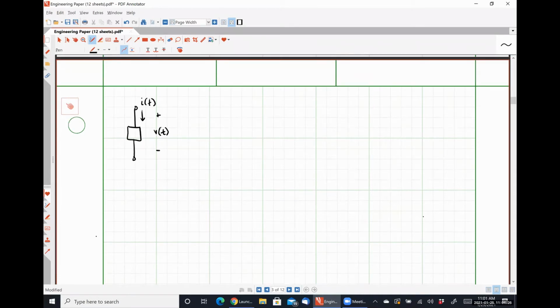And let's say that V of t is a function Vm1 cosine omega 1t plus theta V1, plus Vm2 cosine omega 2t plus theta V2.